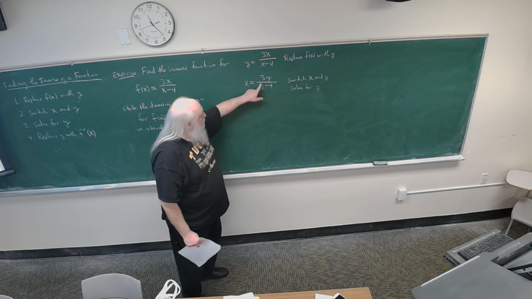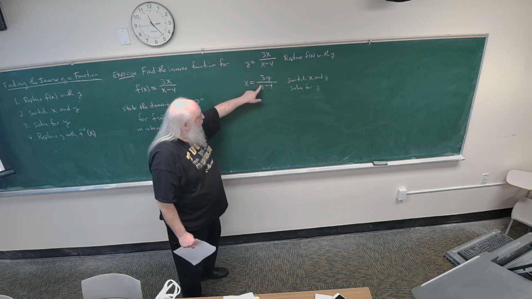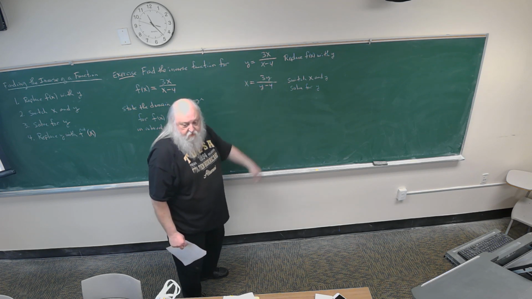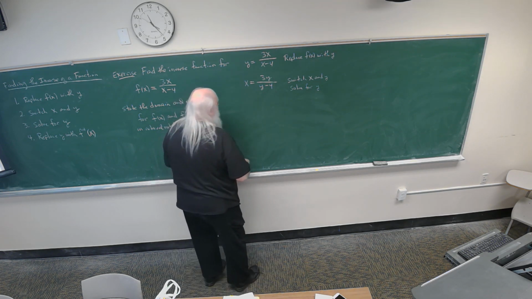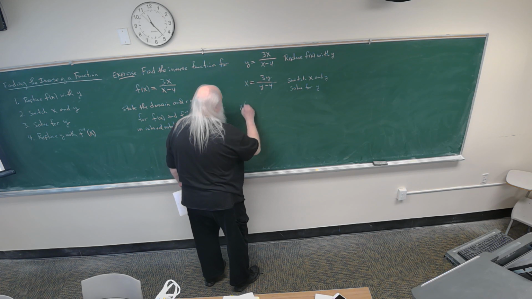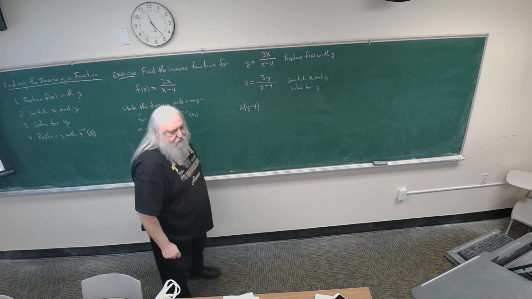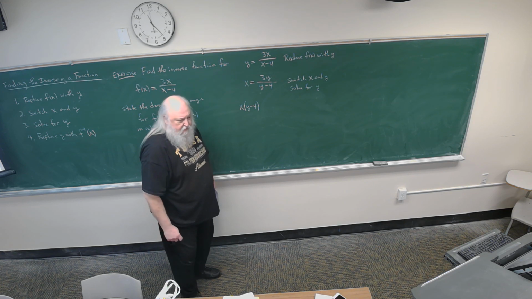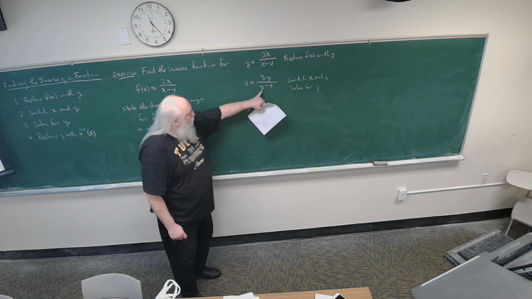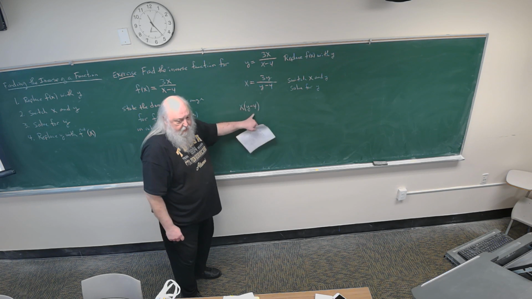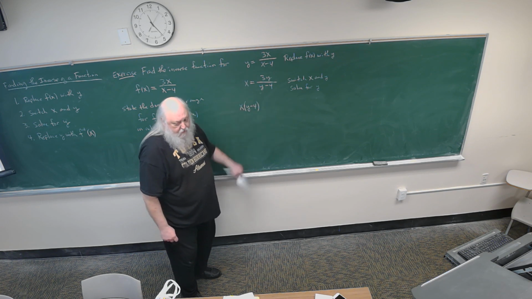Okay. So remember, this is 3y divided by y minus 4, and what undoes division? Multiplication. Okay. So we're going to multiply the left-hand side by y minus 4, and you got to put it in parentheses. I know college students have a reluctance to use parentheses, but we're multiplying both sides by the entire denominator, not just y. Okay?